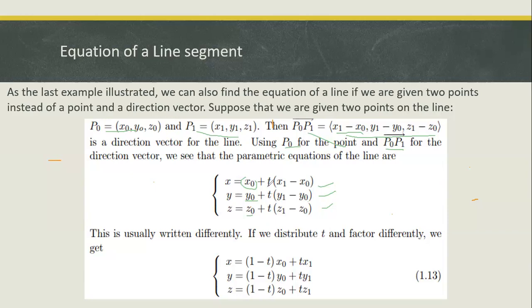If we multiply by t throughout, group the like terms and factor out the x naught, instead of x naught plus t in bracket x1 minus x naught, we would now have 1 minus t in bracket, x naught plus t x1. We do the same thing for y: 1 minus t in bracket, y naught plus t y1, and for z: 1 minus t in bracket, z naught plus t z1.